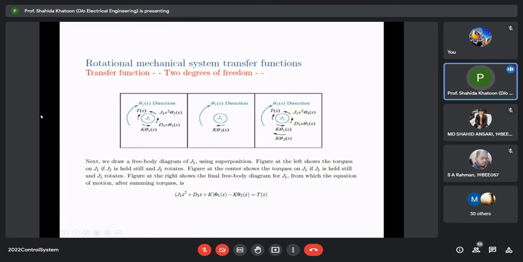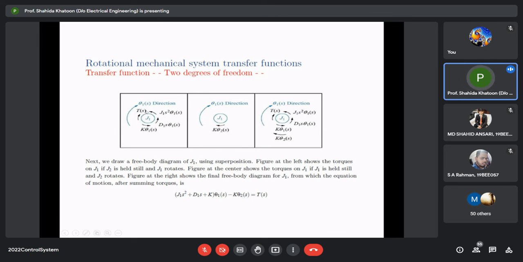So if you draw the free body diagram, it will be something like this. We draw a free body diagram of J1 using superposition. So this is J1. It shows the torques on J1 if J2 is held still and J1 rotates only.